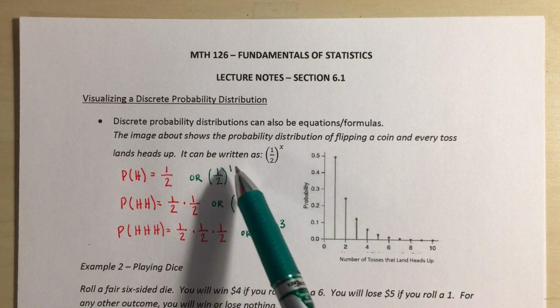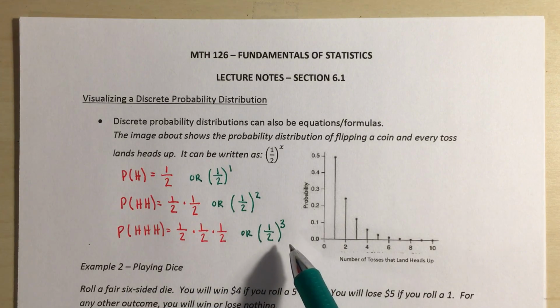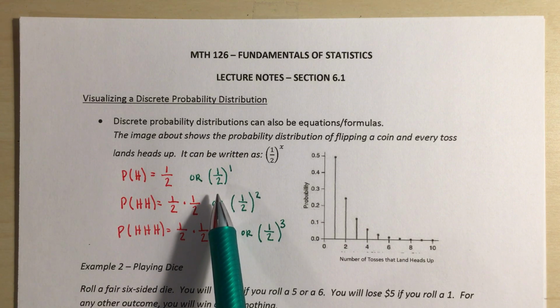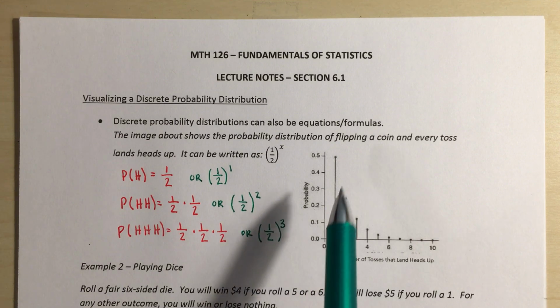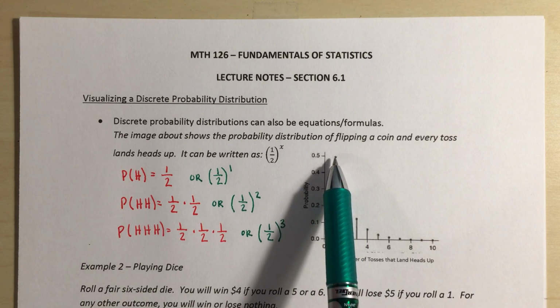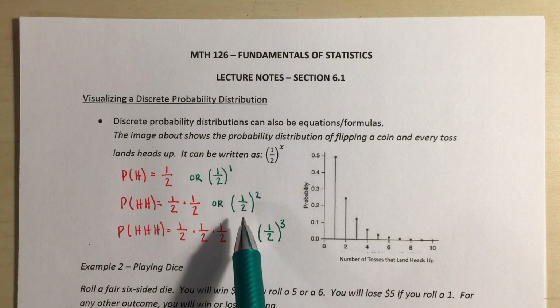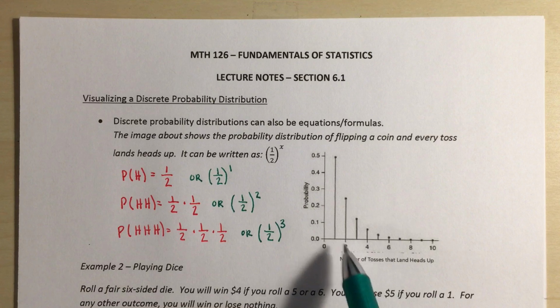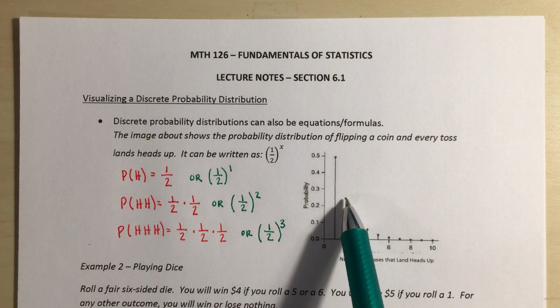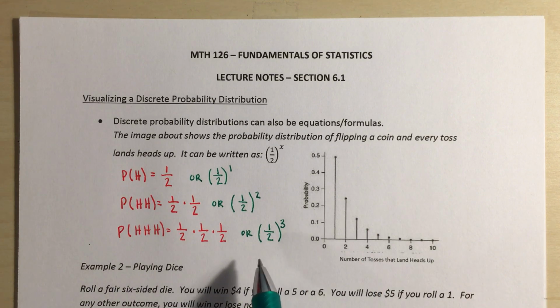Our exponent is the number of flips that we have. So if we think about these in probabilities, 1/2 is 0.5. So one toss of a coin has a probability of 0.5. 1/2 squared is 1/2 times 1/2, which gives us a fourth, or 0.25. So 2 flips goes up to 0.25.